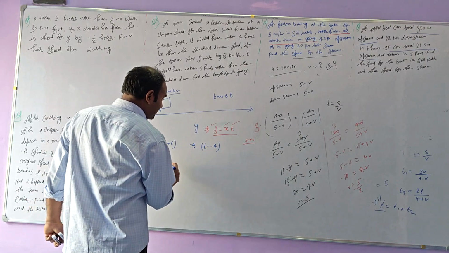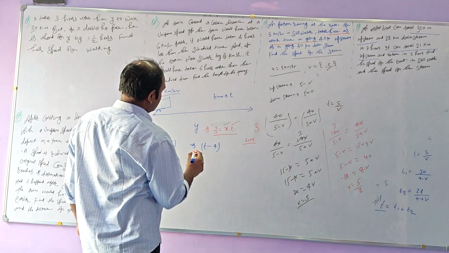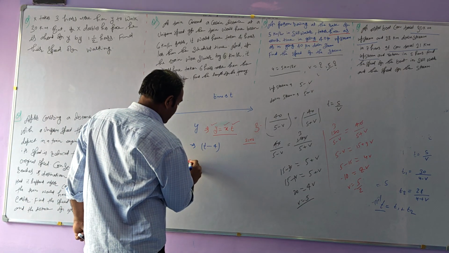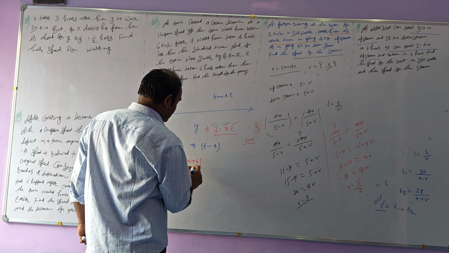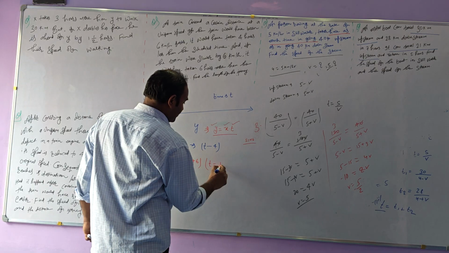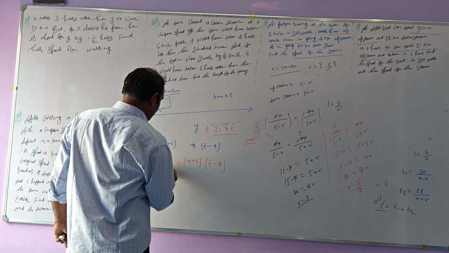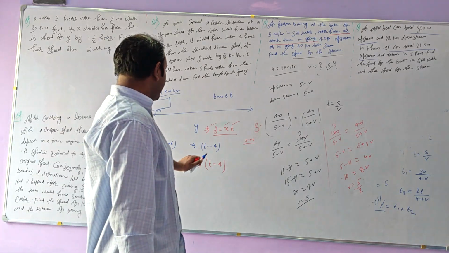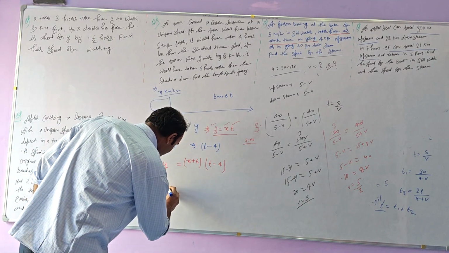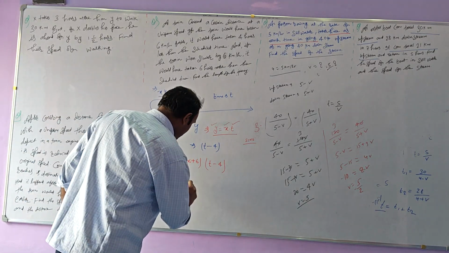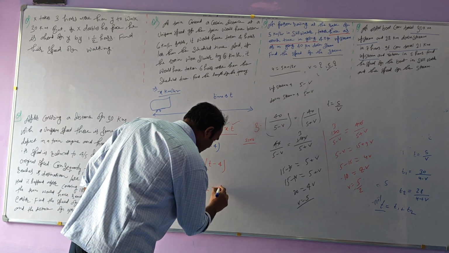Then our equation becomes: speed x plus 6, time t minus 4, and distance y. We put y is equal to xt, so xt equals x plus 6 times t minus 4.